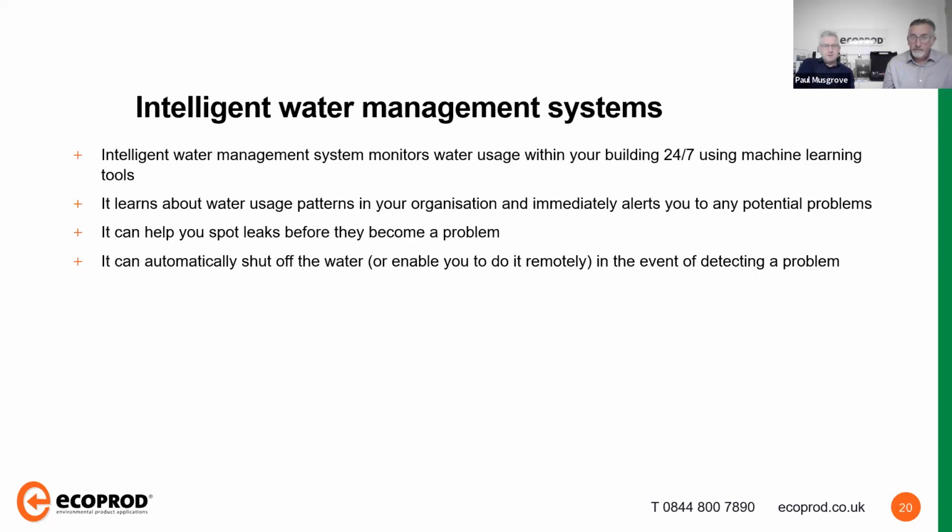There's also water intelligent management systems. Again, this has an insurance application behind it as well, where it's actually a sponsored product by one of the UK's leading insurers, where you can install a system and it will actually use an algorithm to understand the water flow in your building.